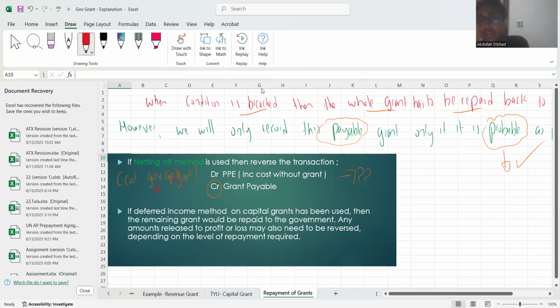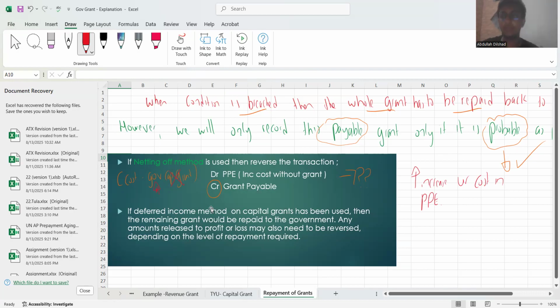So how will you bring it? You just simply need to increase your cost in PPE. That is why debit property, plant, and equipment and credit grant payable.